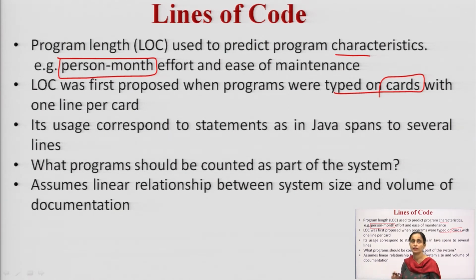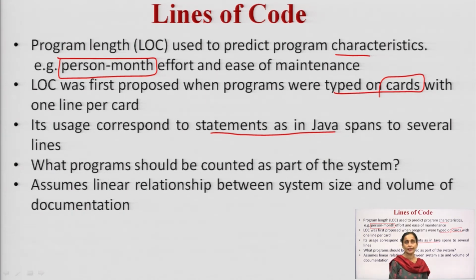We started with writing on cards, then moved to high level languages. Its usage corresponds to statements; for example in Java, a statement spans several lines. Lines of code means deciding which programs should be counted as part of the system, and for those programs, how many lines to count.